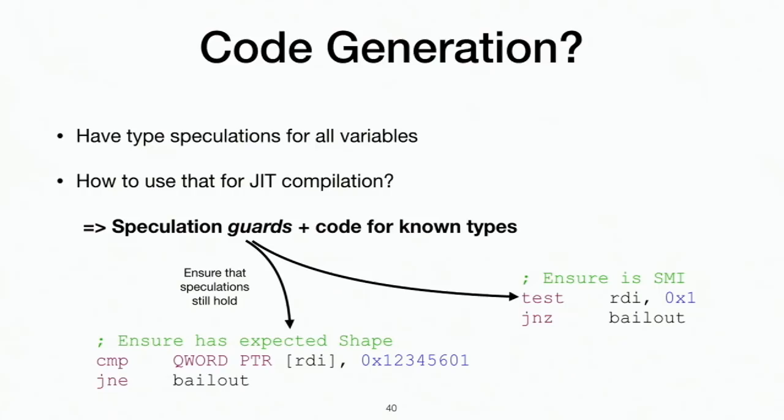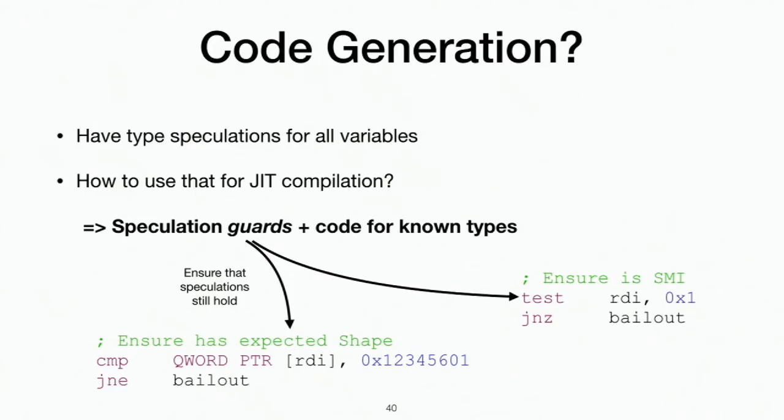The trick here is to use so-called speculation guards. And these are just small pieces of machine code that ensure that our speculation still holds at runtime. They come in different flavors. Here are two of them. On the right side, you see an SMI guard. That just makes sure that some variable is an SMI as we expected.